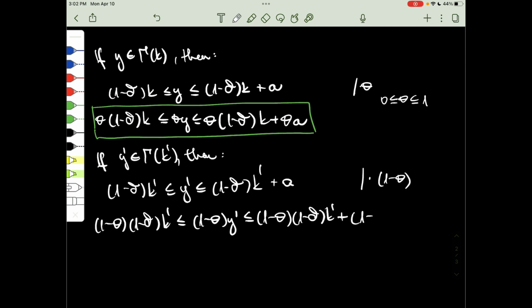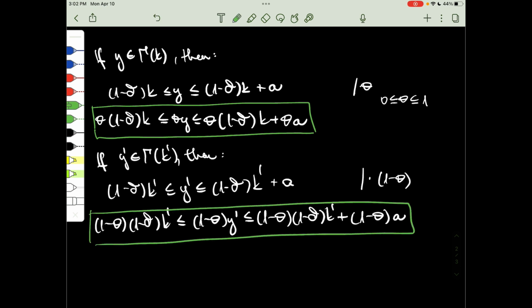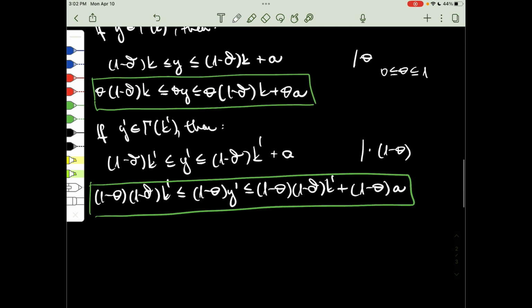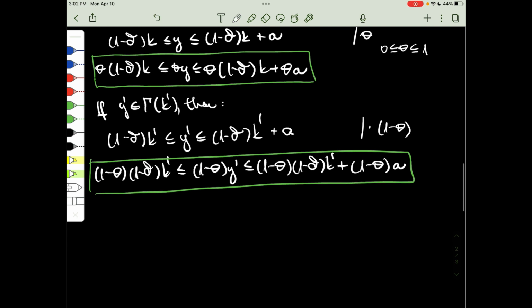Yeah, I think it's correct. And by combining this expression and the previous highlighted expression, we have this expression. It's going to look very complicated, but you will see in a split second that it's very simple and straightforward and convincing.